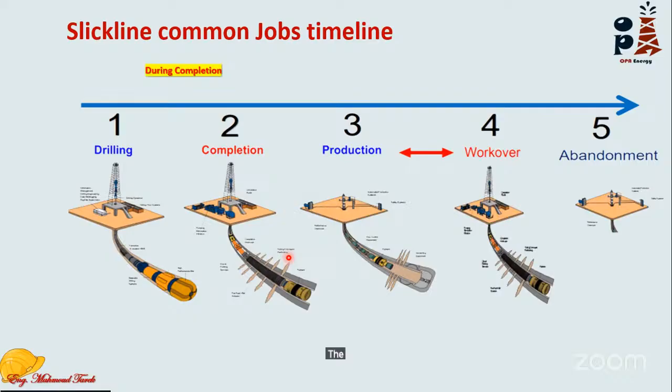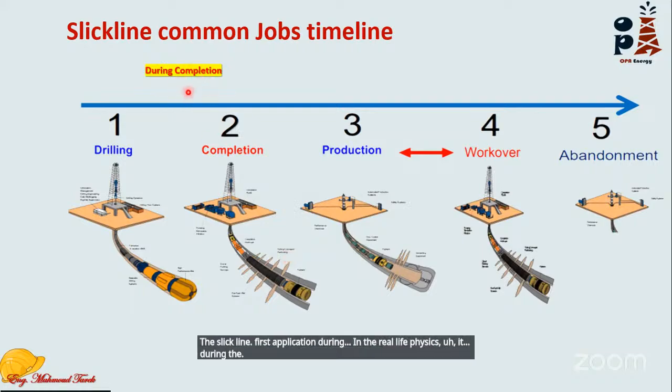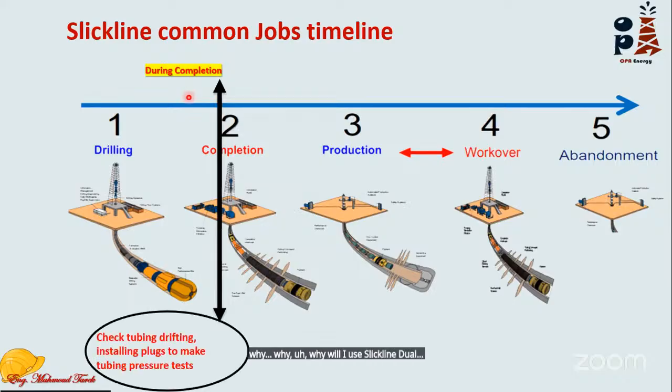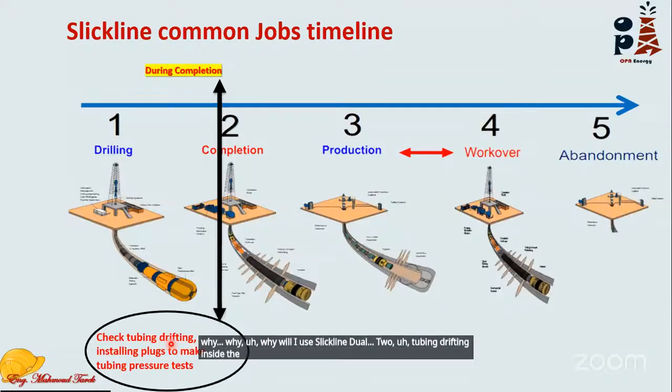The Slickline's first application during the well life phases is during the completion phase, during the running in hole with completion. Why will I use Slickline during running in hole completion? To drift the tubing installed until that operation.